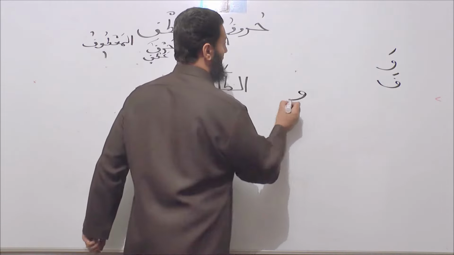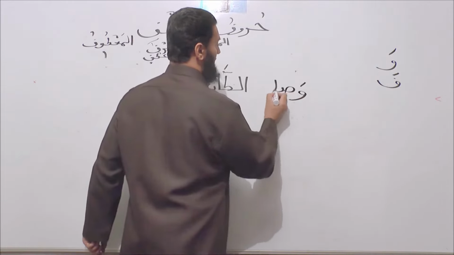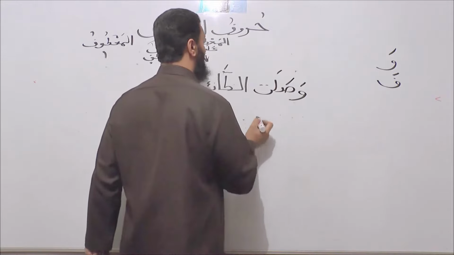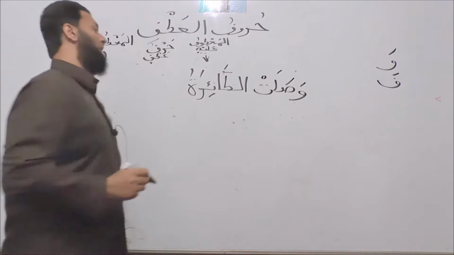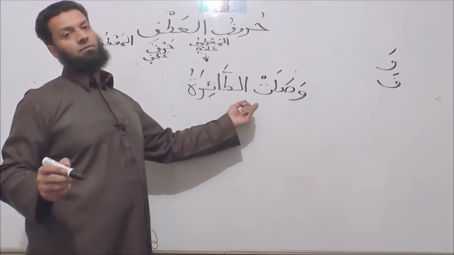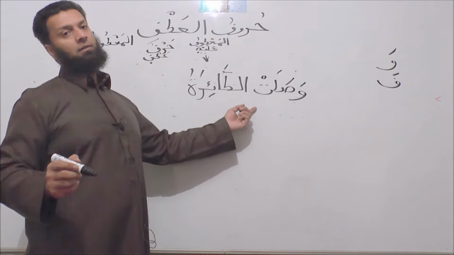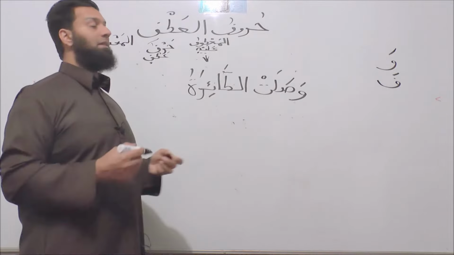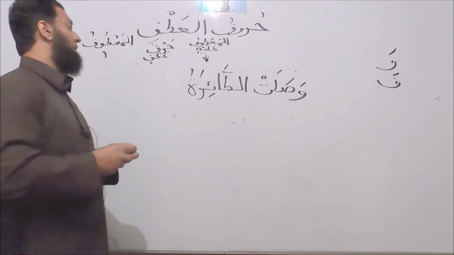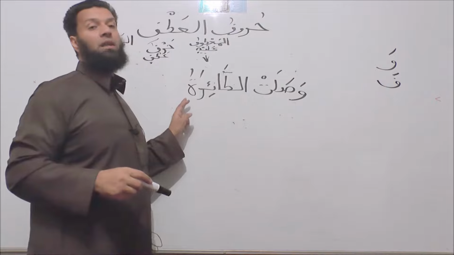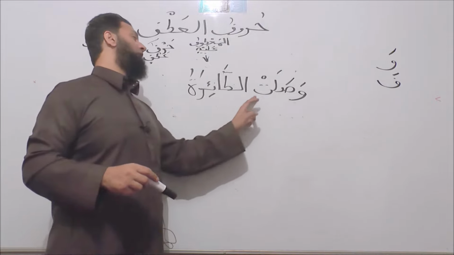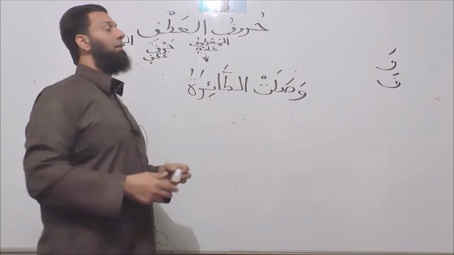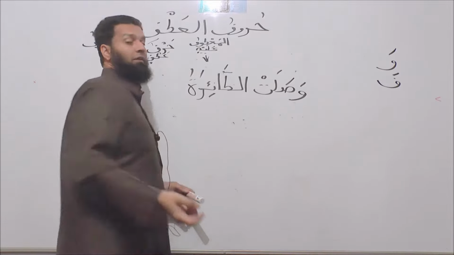Wasala. Wasalat. Why do we say wasalat? Because of the object and it's female. Because our ismun, which is the fa'ilun here, is al-mu'annathu, female. So we have to use the ta'nith connected to our fi'lun.